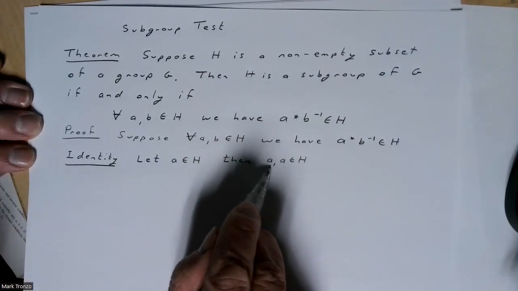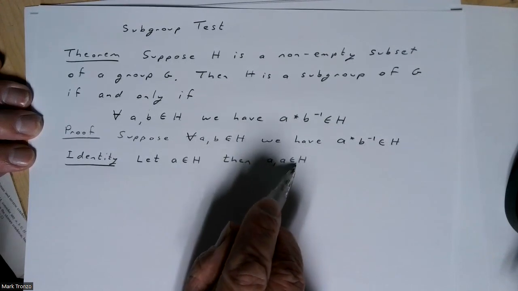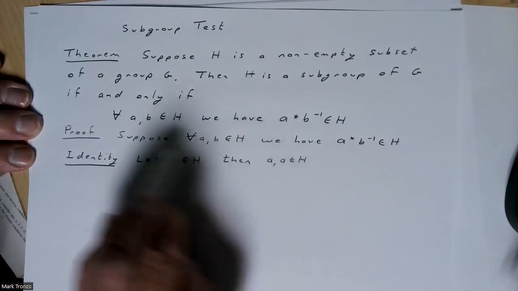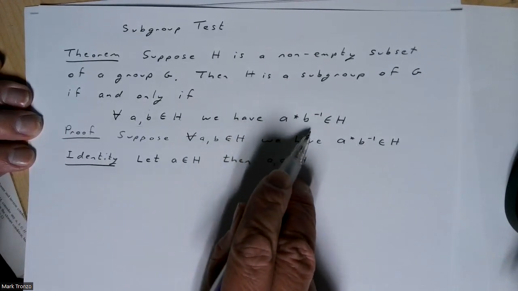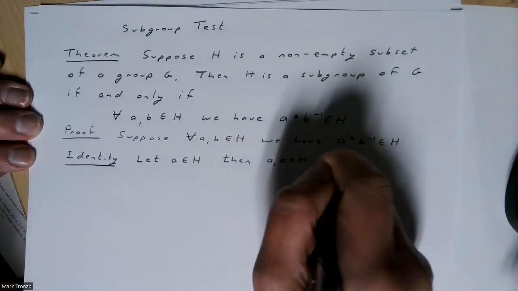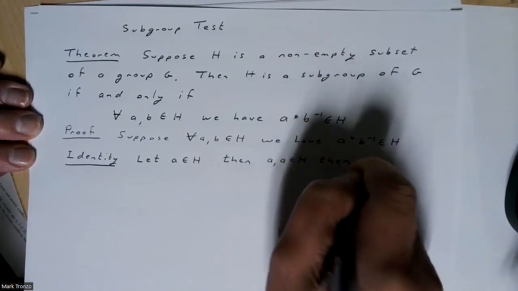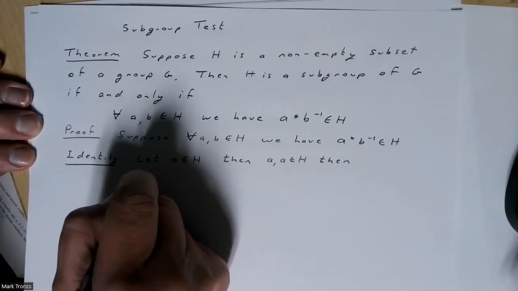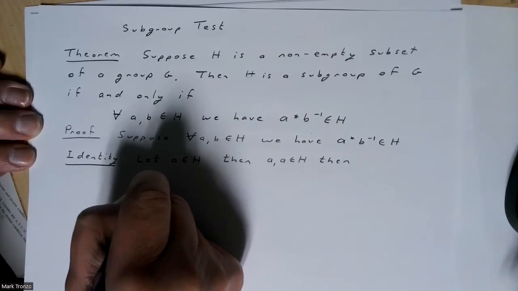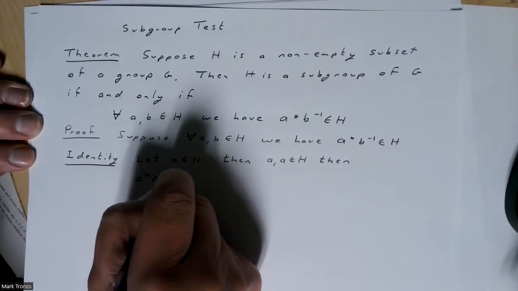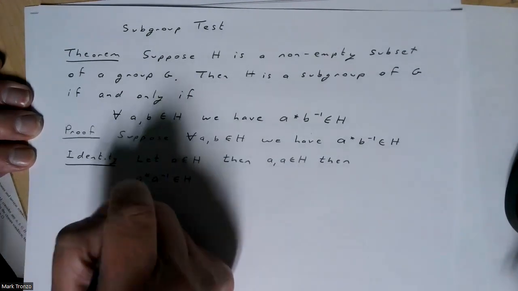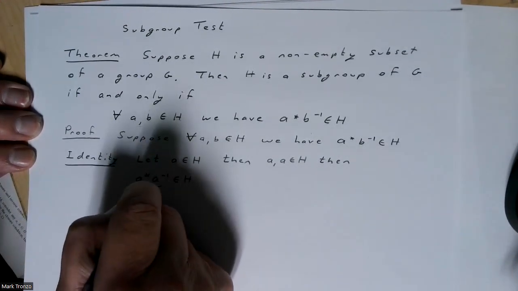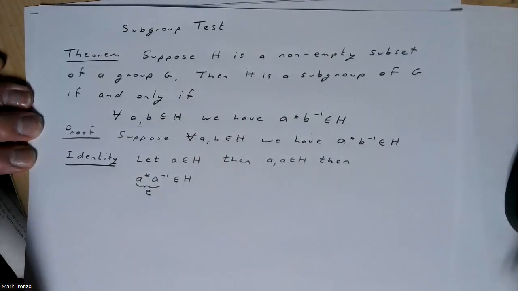But the reason we want to do this is because we say A and A is in H, then we can say that A star A inverse is in H. And of course, this is precisely the identity.